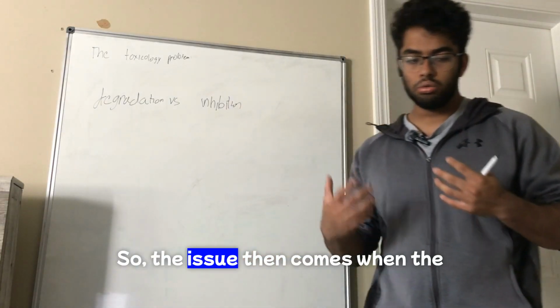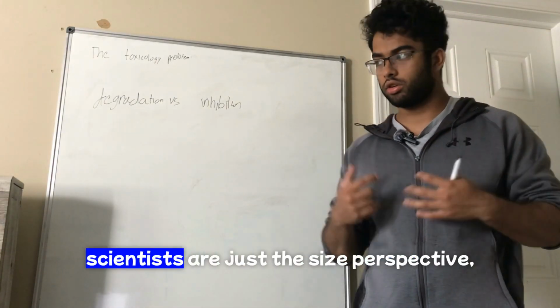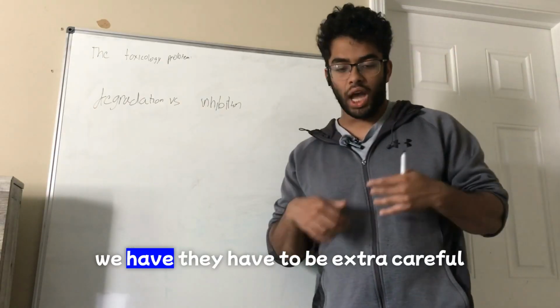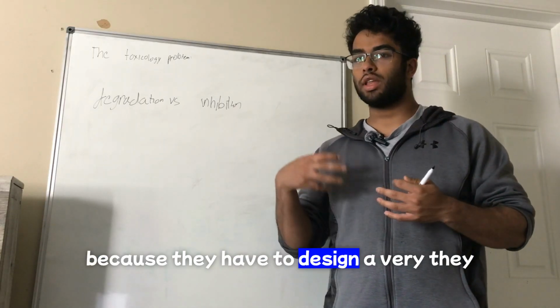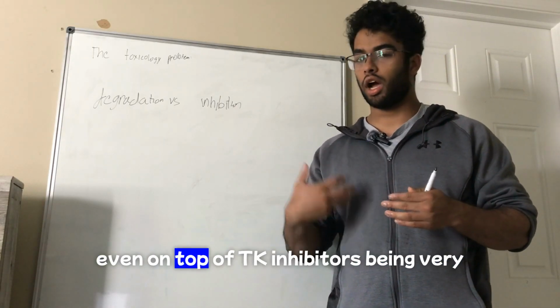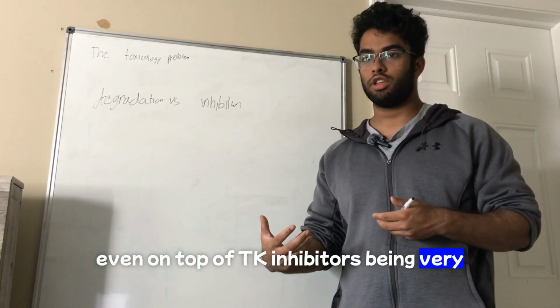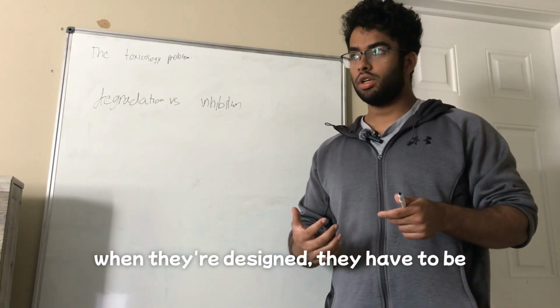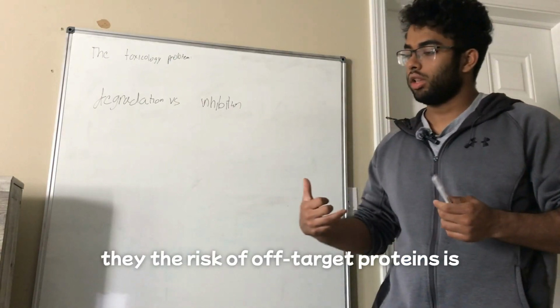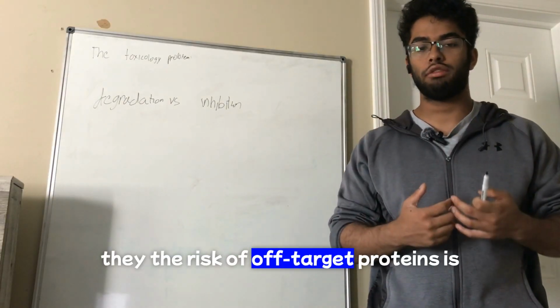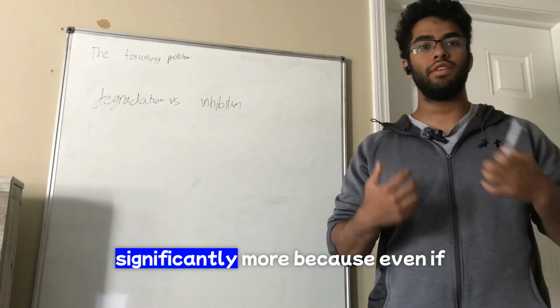So the issue then comes when these scientists are synthesizing PROTACs: on top of TK inhibitors being very selective when they're designed, they have to be even more careful, because now the risk of off-target proteins is significantly more.